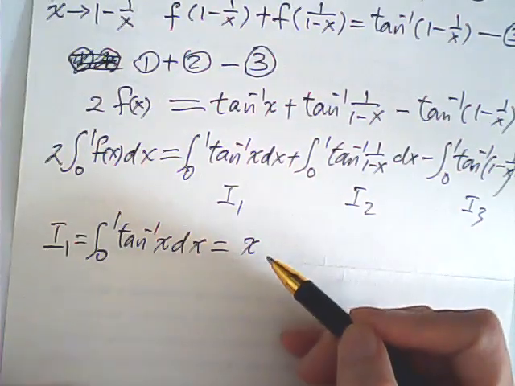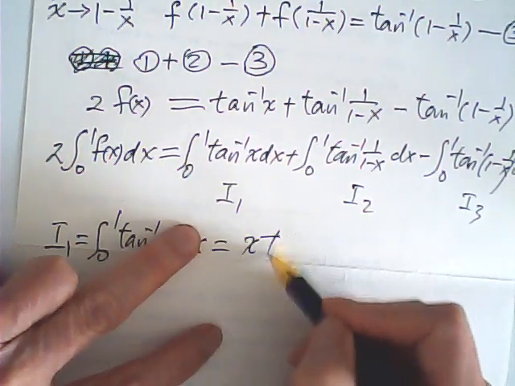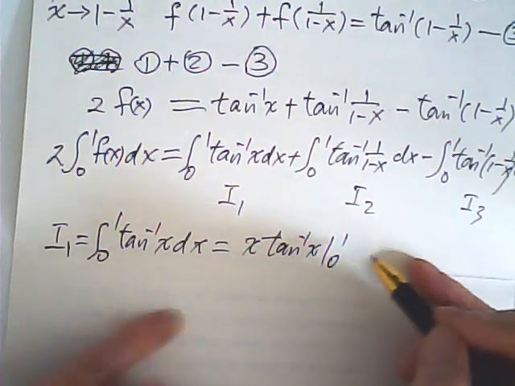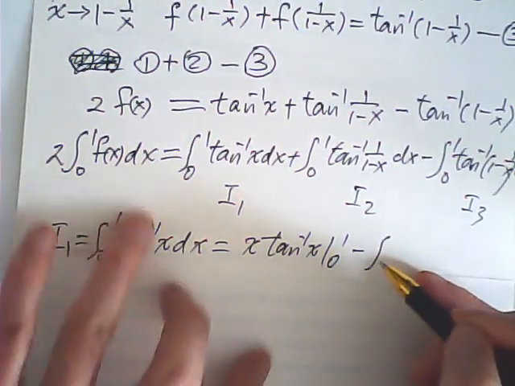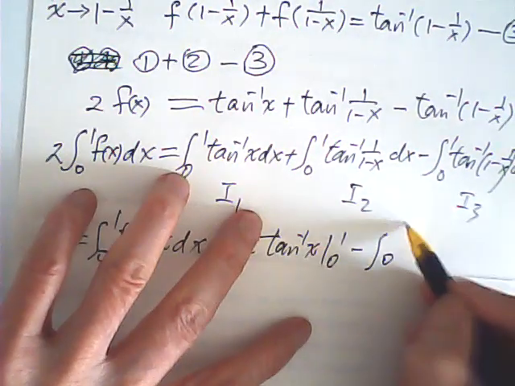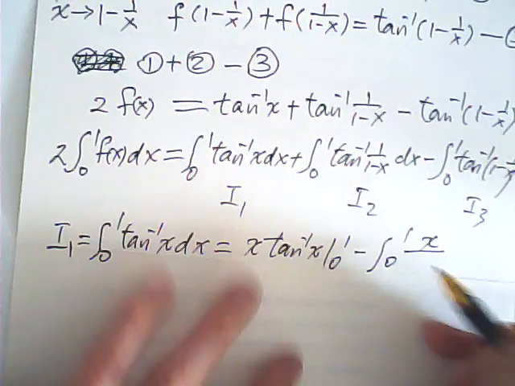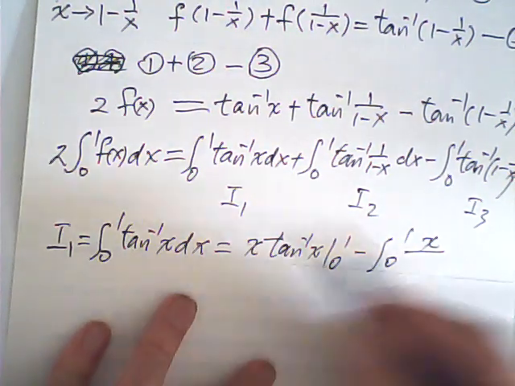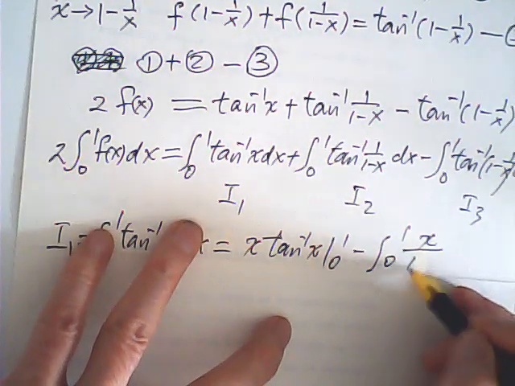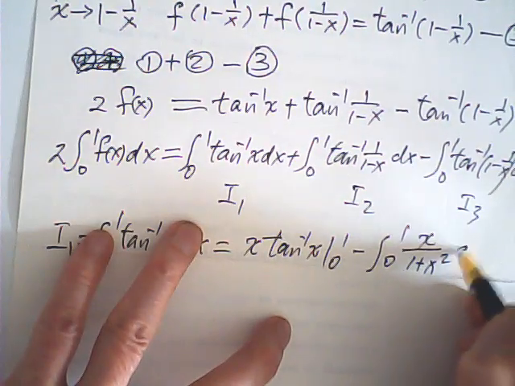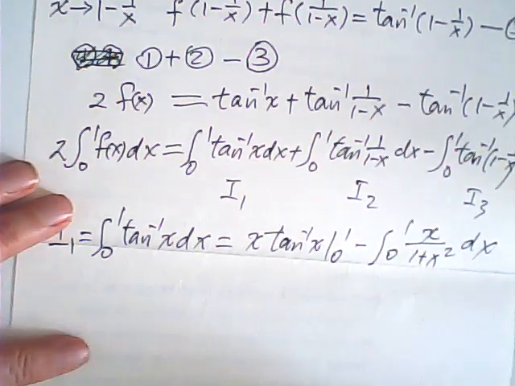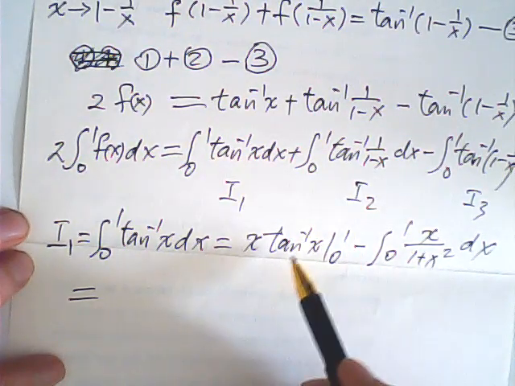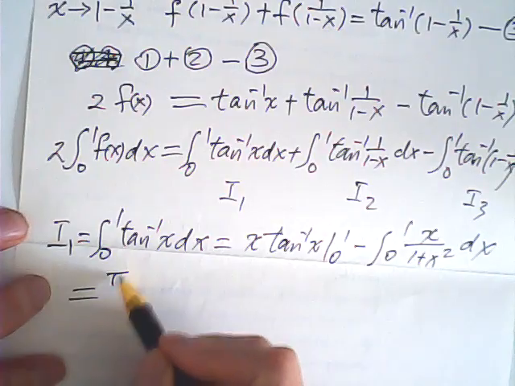So this is u times v from 0 to 1, minus the integral from 0 to 1 of v, which is x, times du, which is the derivative of arctangent, 1 over 1 plus x squared dx. And this first part is quarter pi.